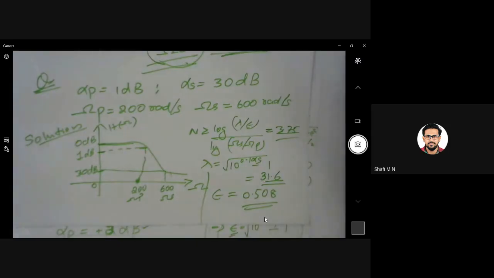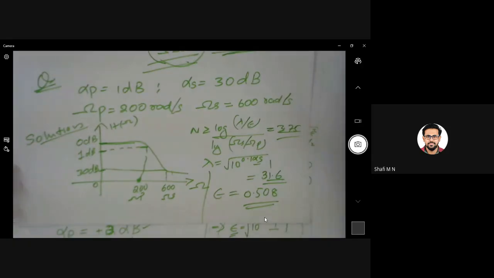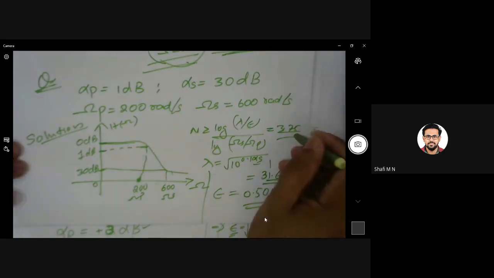Then substitute the values and find. 3.75 is the value.